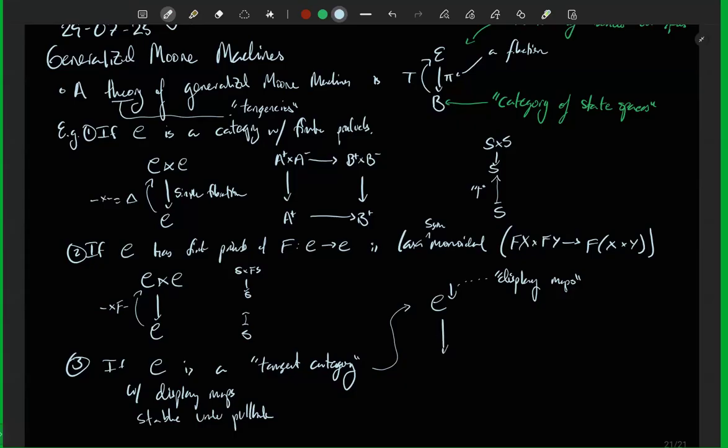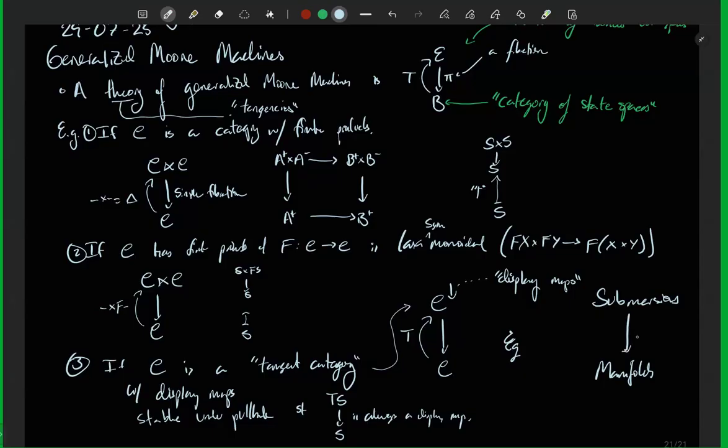Then we actually just have the tangent bundle functor here, T, such that the tangent bundle TS to S is always a display map. For example, we have manifolds, with something like submersions, which are a class of morphisms in manifolds that are stable under pullback.